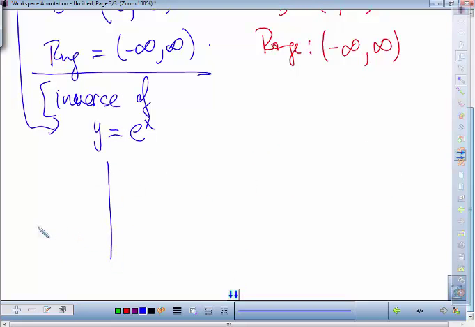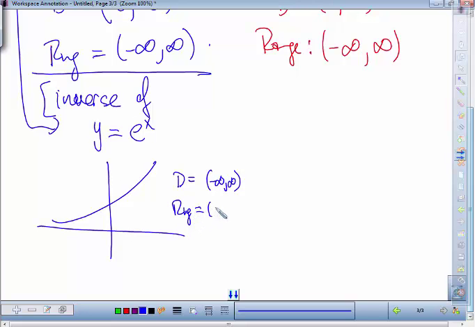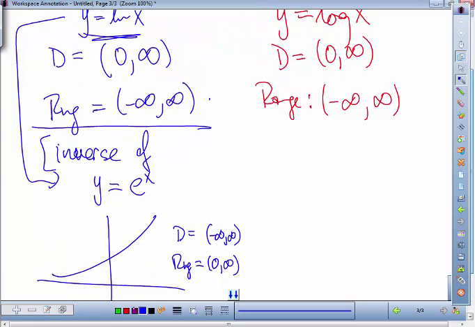Now, if you look at e to the x, the graph looks like this. More importantly, the domain equals all real numbers, and the range is just all the positive numbers. And so it's not a coincidence, and this is what happens when you have inverse functions, that the domain and the range are switched.